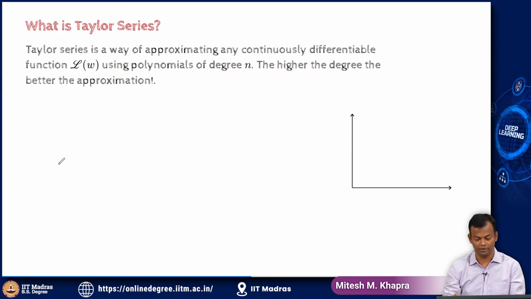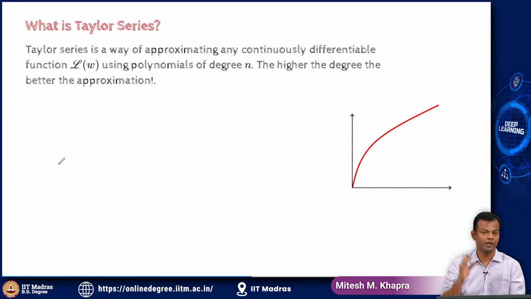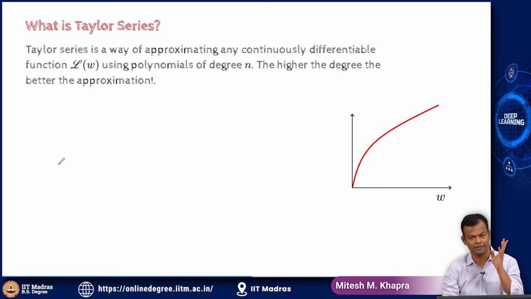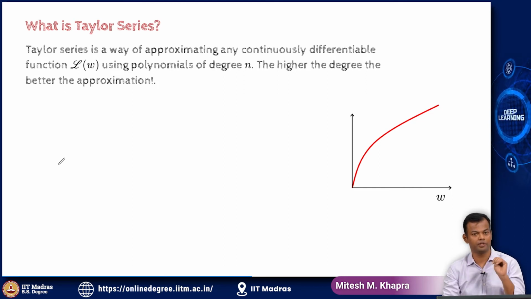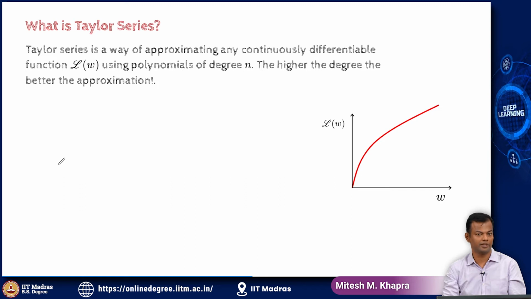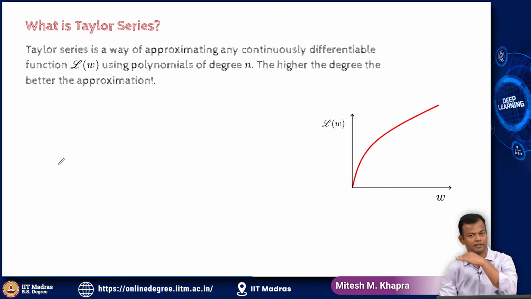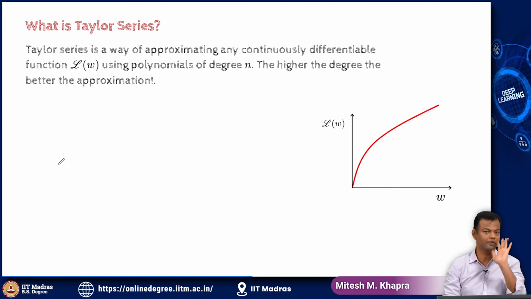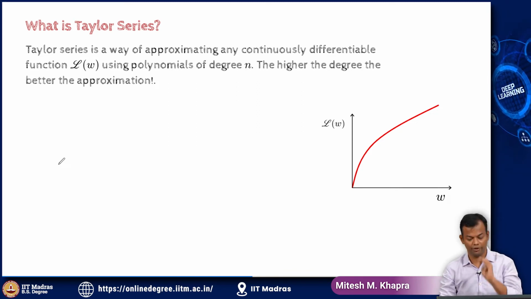So I'll delete some of this. Here's a function. Let's assume this is my w. I have a single parameter for ease of explanation, and this is my loss function, L of w. What it's saying is that as w increases, L seems to increase. Whatever this function is, I don't care about it, but this is how the function looks.